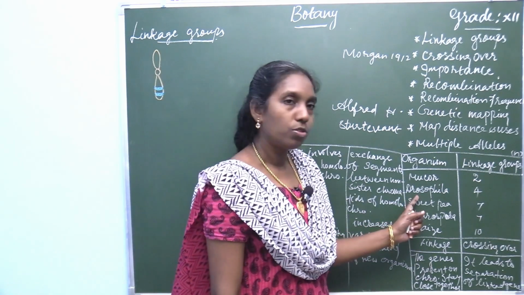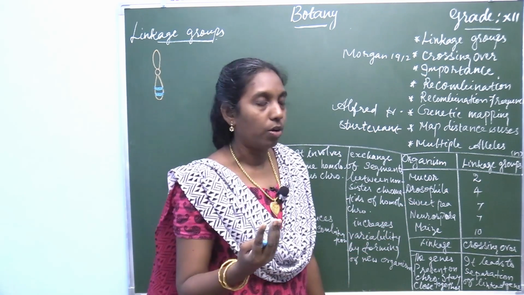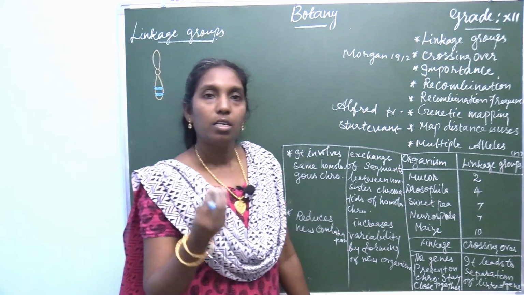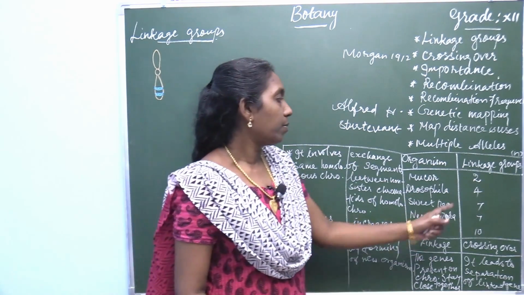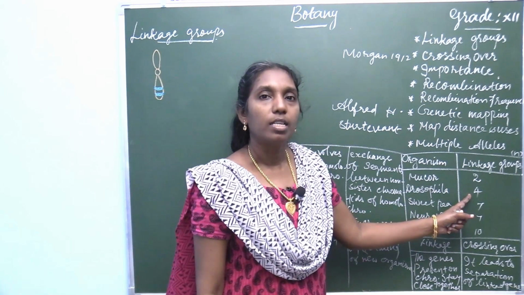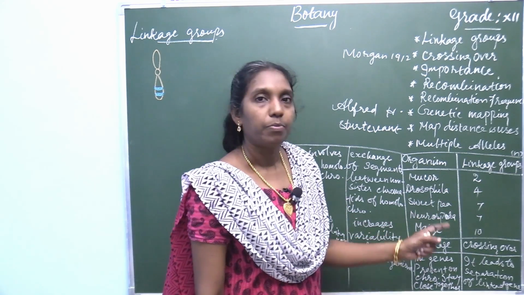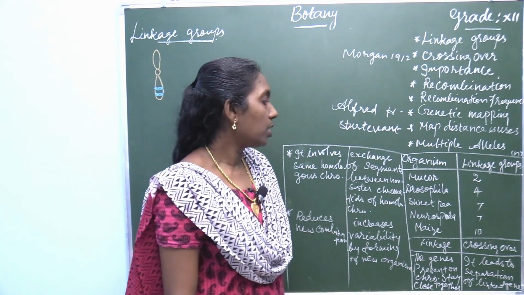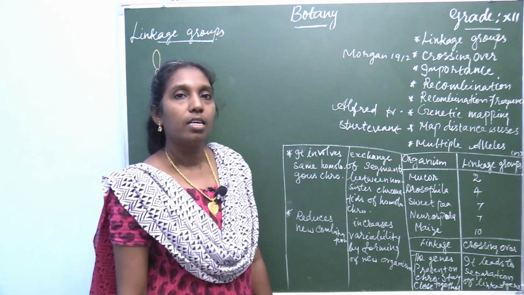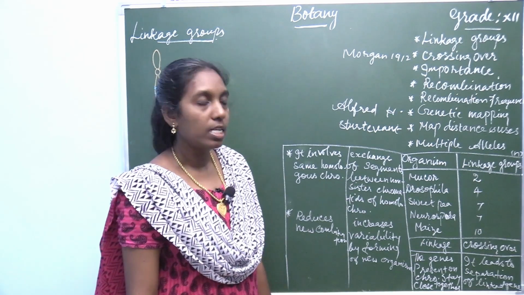Likewise, Drosophila has 4 linkage groups, so the haploid set of chromosomes is also 4. In sweet pea, the number of linkage groups is 7, and the haploid set of chromosomes is also 7.